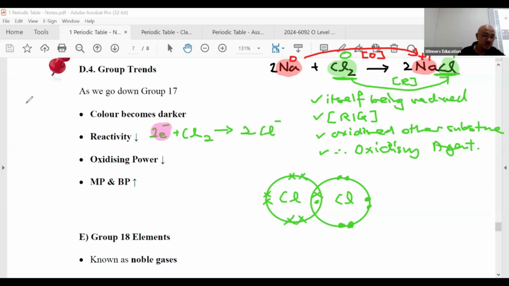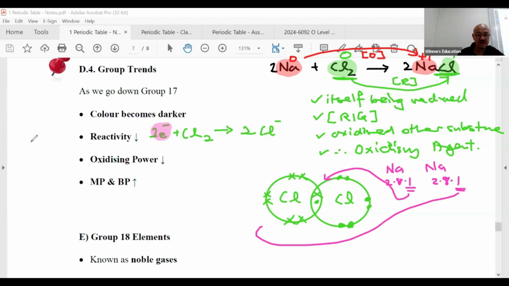Where did the two electrons go? The two electrons were contributed by sodium. Each sodium has one valence electron, 2.8.1, 2.8.1. So one of them says, hello, please take over. The other one comes here, says, please take over. Can you see now, everyone? It's just a story.